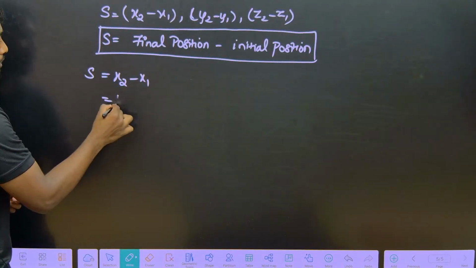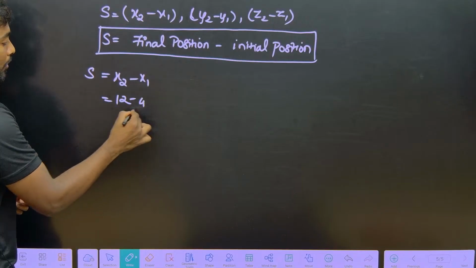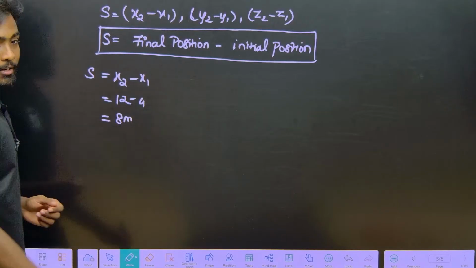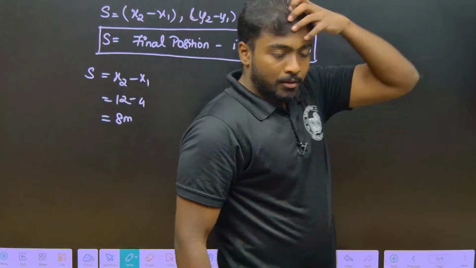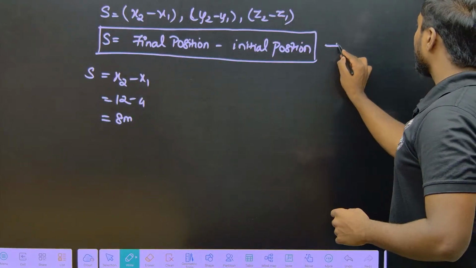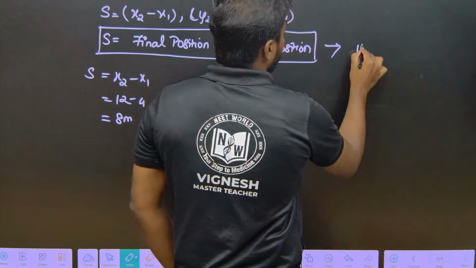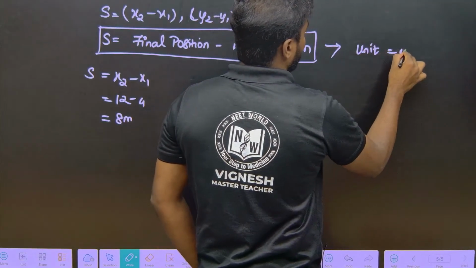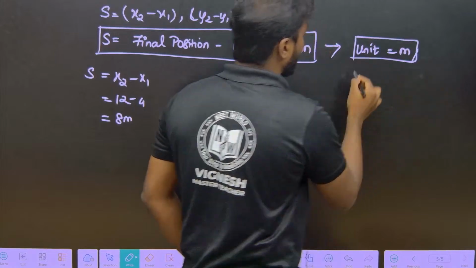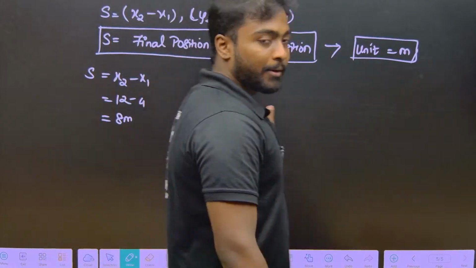So x2 is 12, so it is 8 meters. The unit of displacement is meter. So it is a total of 8 meter displaced.